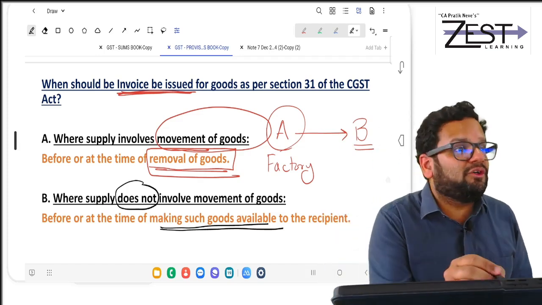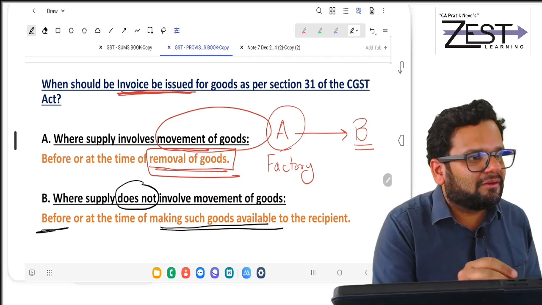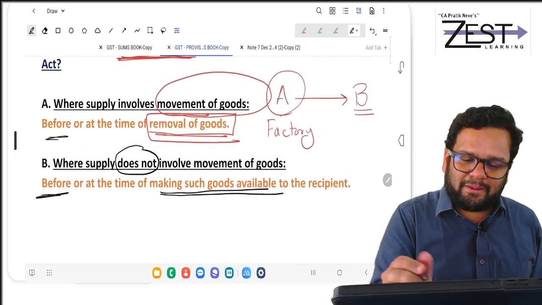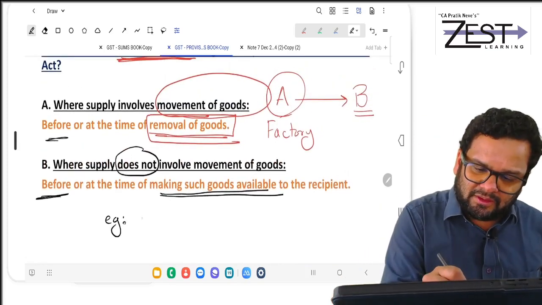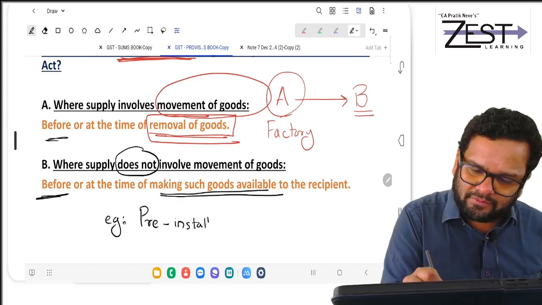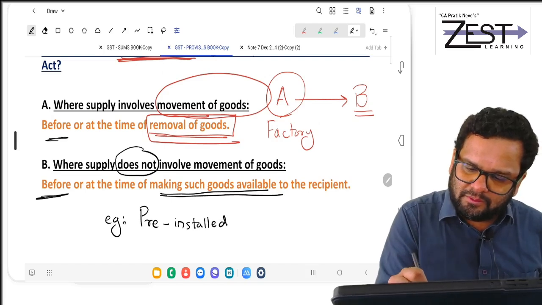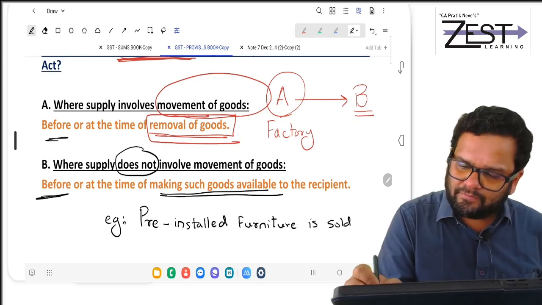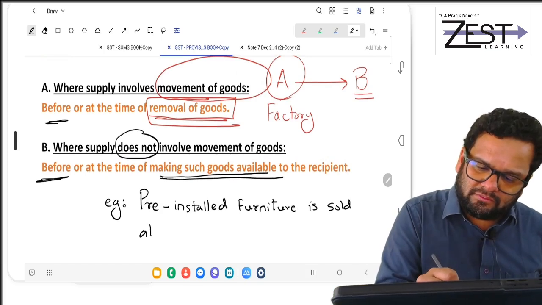Okay, so everywhere the word used will be before. Clear? Example for this: pre-installed furniture is sold along with immovable property.